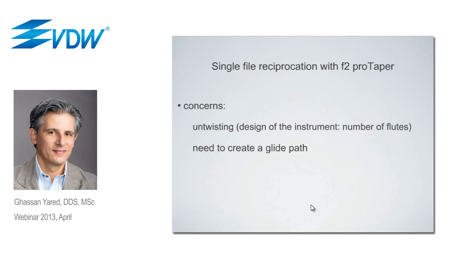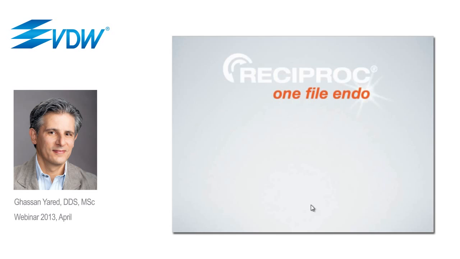So with the F2 ProTaper, I still had to create a glide path. And also with the ProTaper, because of the design of the instrument, I frequently had untwisting of the flutes. So I wanted to have an instrument that was better than the F2 ProTaper.